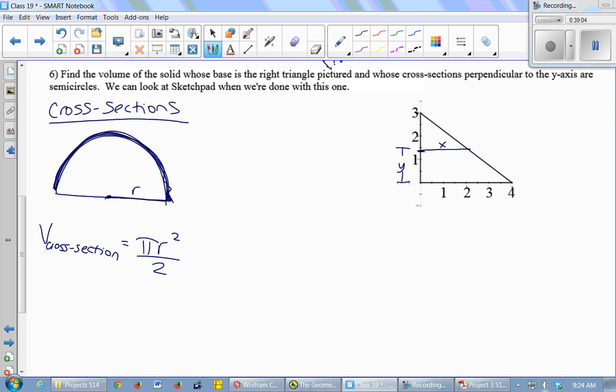I could find an equation for that line. Yeah, that's a good idea. That's not how I did it. Anybody have a different approach? I did similar triangles. Yeah, either way. And this line is easy, right? It's got a y-intercept of 3 and a slope of -3/4.